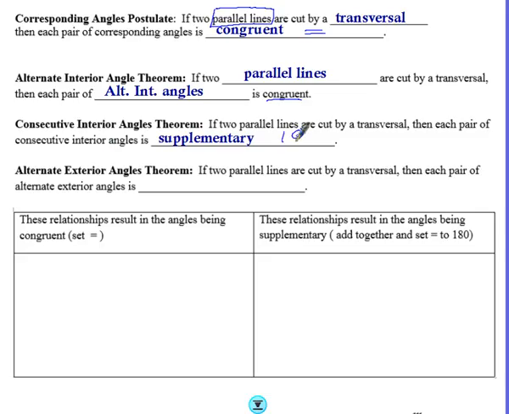And just as a reminder, supplementary means they add up to equal 180 degrees. Alternate exterior angle theorem states if two parallel lines are cut by a transversal, each pair of alternate exterior angles is congruent. So, rather than trying to go through and memorize all of that terminology, I kind of summarized all of that into this little chart, which I think is extremely helpful.